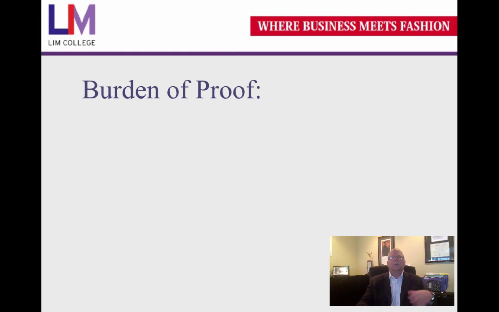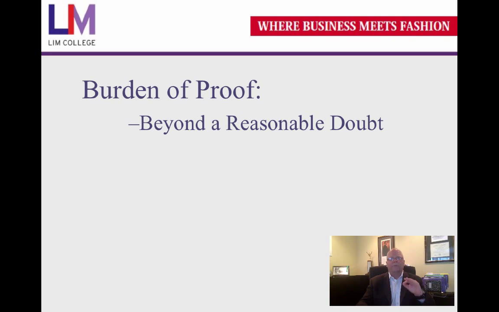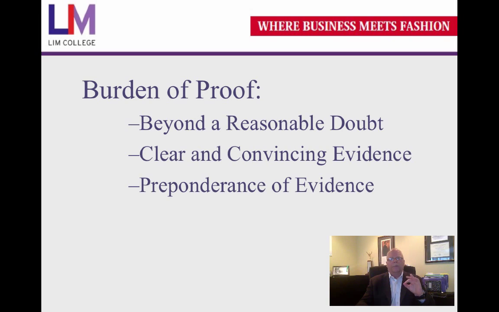Okay. Be aware, the plaintiff has the burden of proof. All right, in a civil action, plaintiff has the burden of proof. And that proof is by a preponderance of the evidence. In a civil action, the burden of proof on the plaintiff is to prove their case by a preponderance of the evidence.